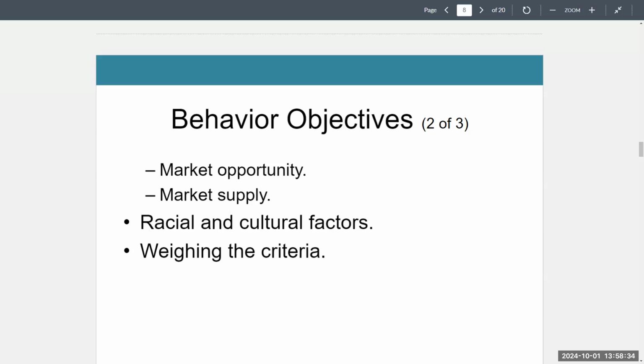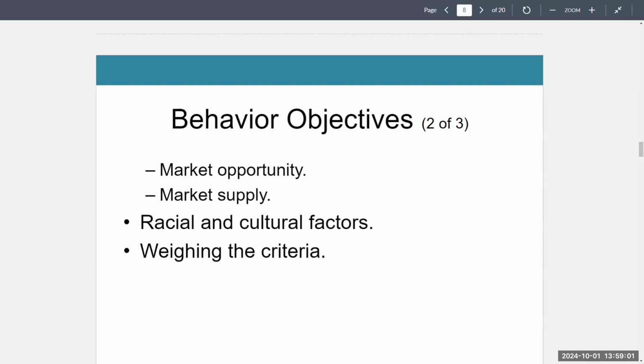So whatever the behavioral change objective is, this is what we have to consider when we are creating these dating initiatives. And that to us is a customer behavior kind of thing. Weighing out the criteria is another one.